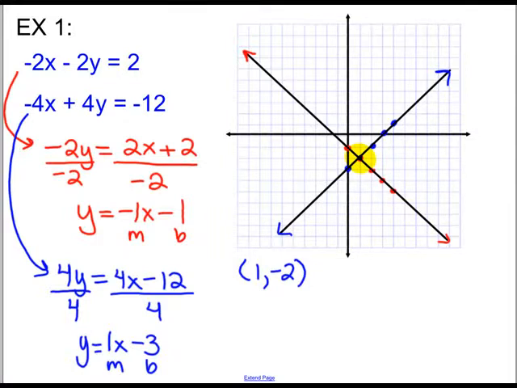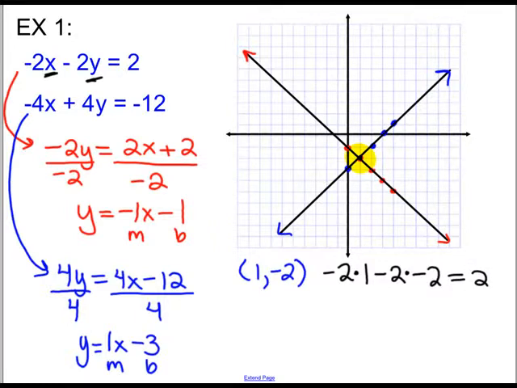So I'm going to start by putting it into my first equation. I'm going to write in a different color here. Where I see an x, where I see a y, I'm going to put in both of them. Now you could put it into the reduced one, but I'm just going to put it in the original. So negative 2 times my x, so 1, and then it says minus 2 times my y, which is negative 2, equals 2.